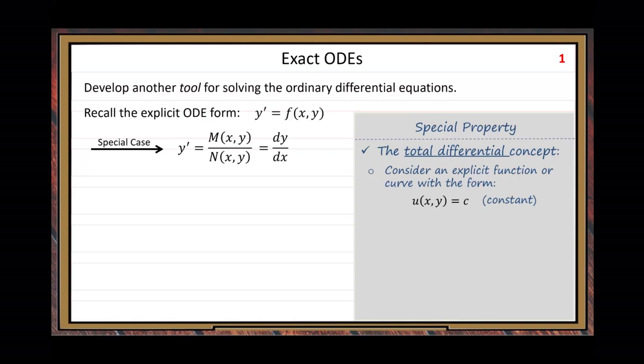In this equation, c is a constant. Now we consider this equation, or an equation that takes this form, because there is a special property built into it.